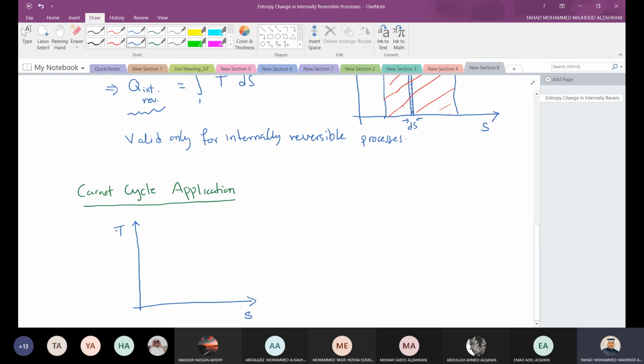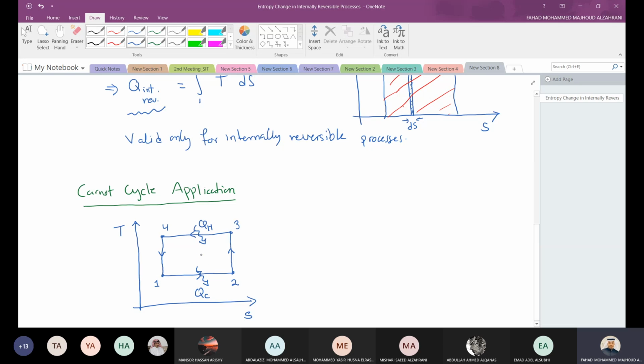This is S, this is T. So we have state 1 here, state 2, state 3, state 4, and then back to state 1. If you remember, we said 2 adiabatic. Here you have heat transfer from the hot reservoir to the system, and here from the system to a cold reservoir.